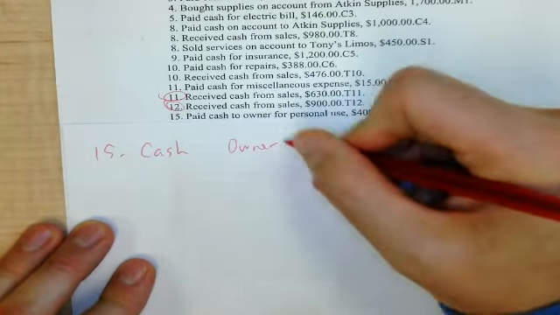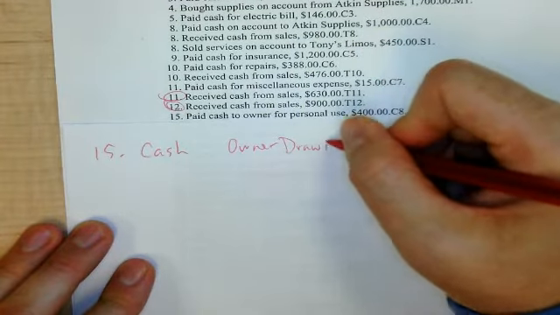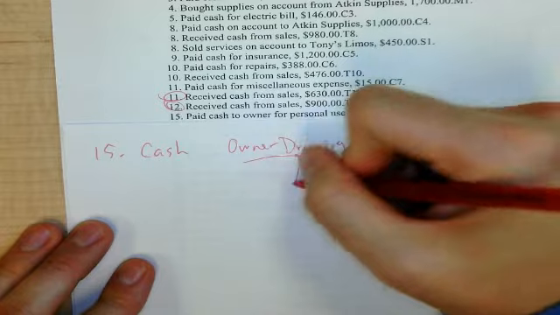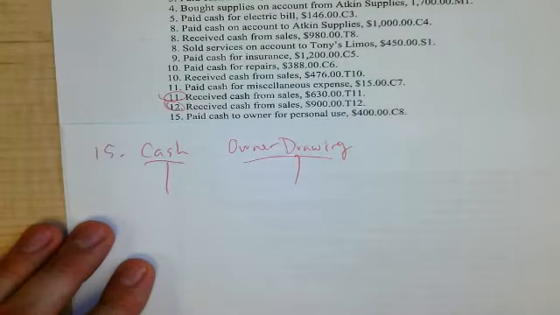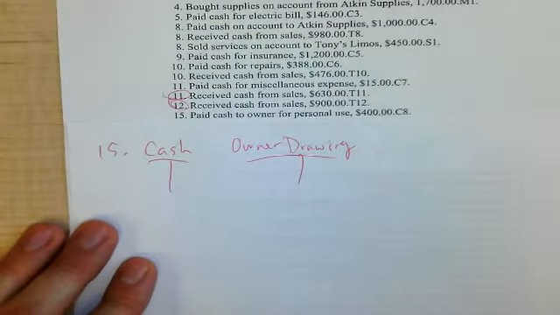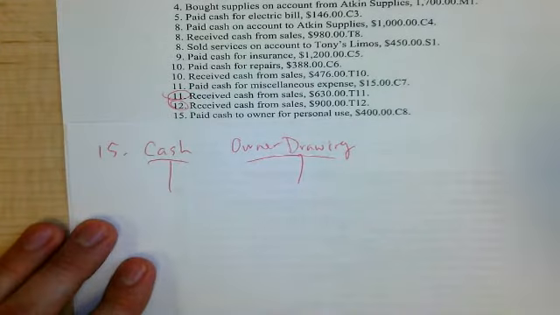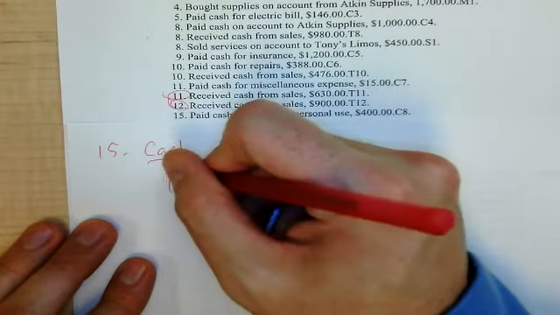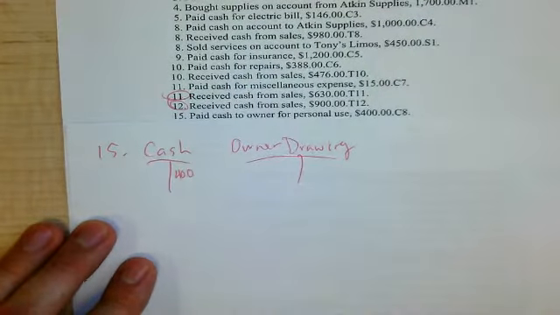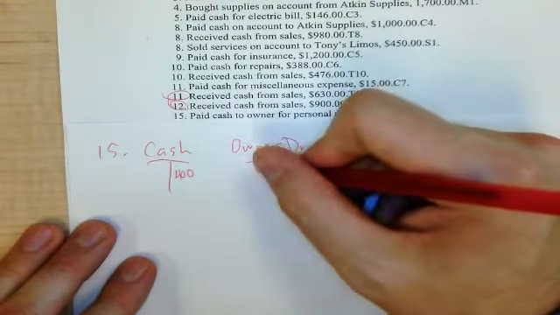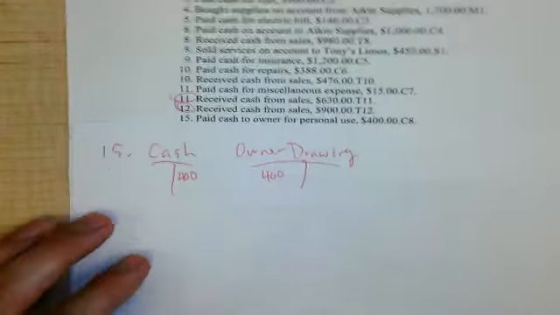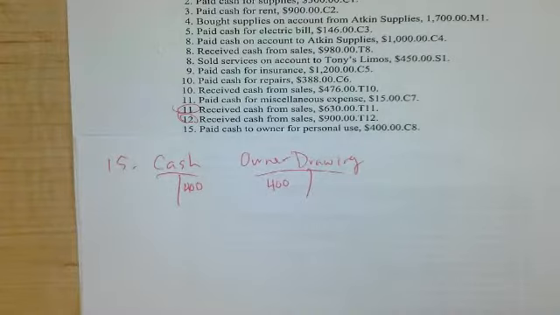Owner drawing. What is happening to cash, everybody? Is it going up or down? Down. If it's going down, is it debited or credited? Credited. So it's credited 400. Therefore, what must it be? Debit to drawing. Good.